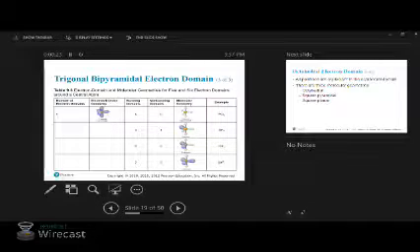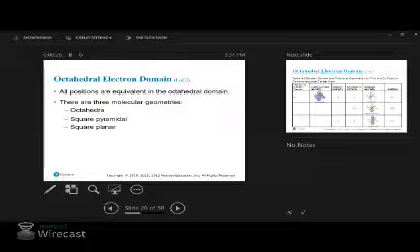This is the 5 electron group structure, and then we are going to octahedral.